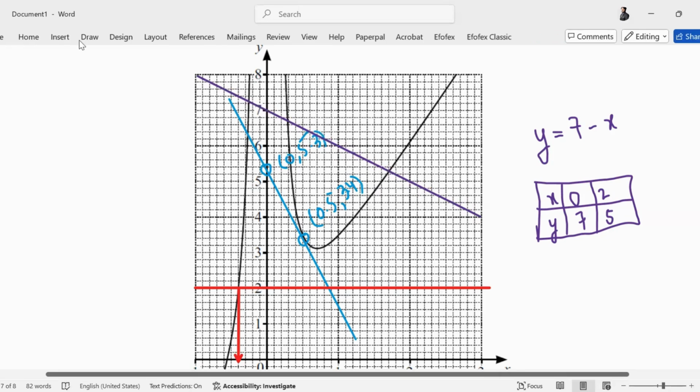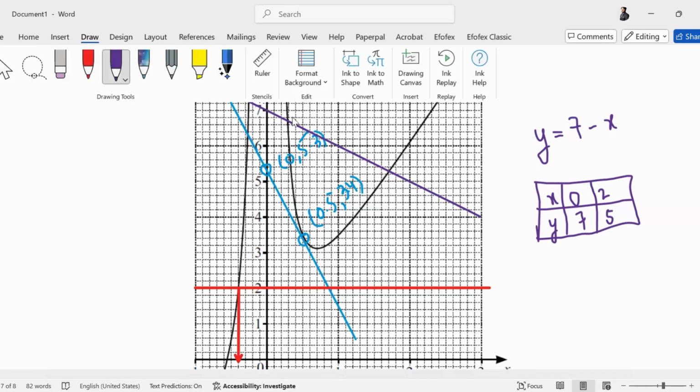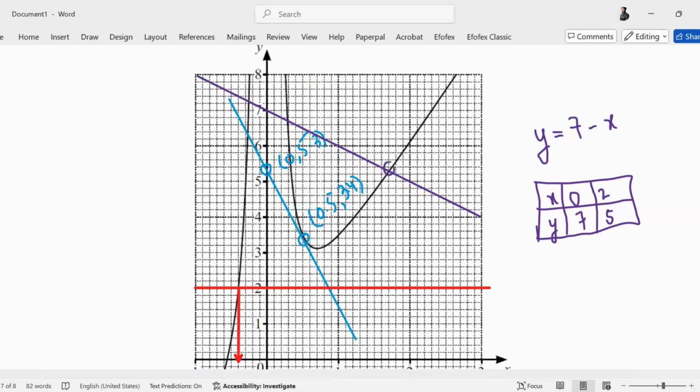So where is it cutting the graph? It is cutting the graph over here, and the x coordinate is this one. It is also cutting the graph over here.